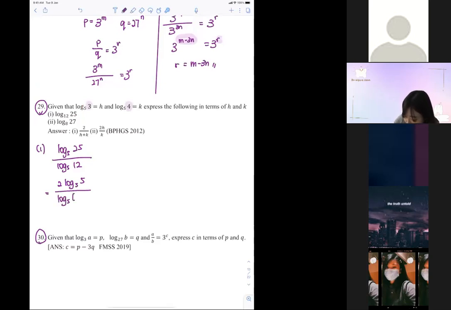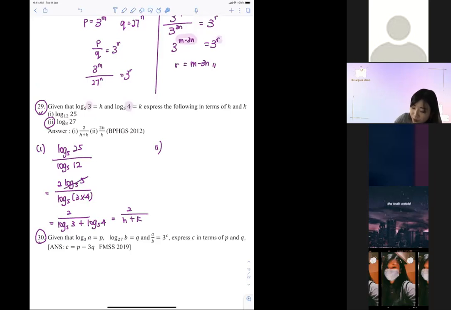So log 5, 3 times 4. Times you can split to plus. Okay, so you got 2 over log 5 3, which is h, log 5 4 is k. Then you get the answer.